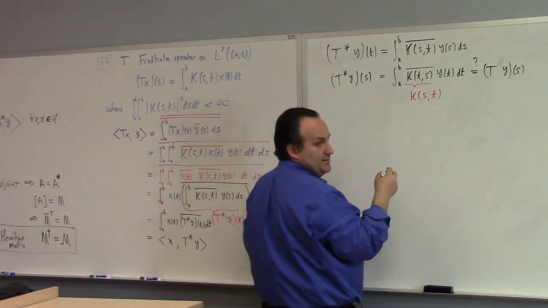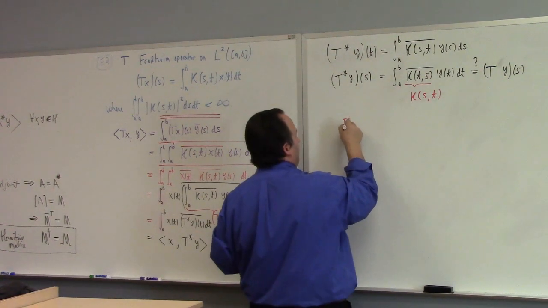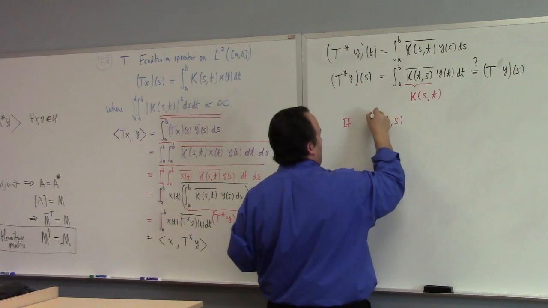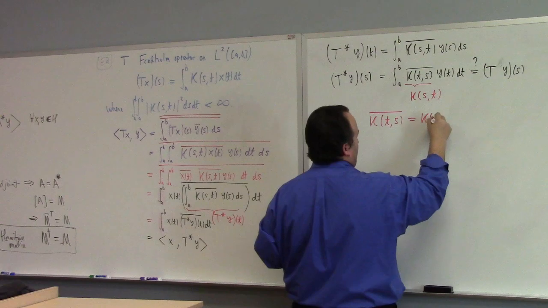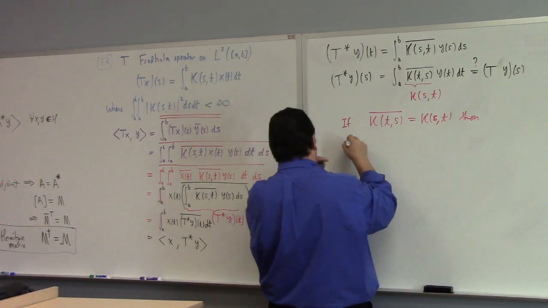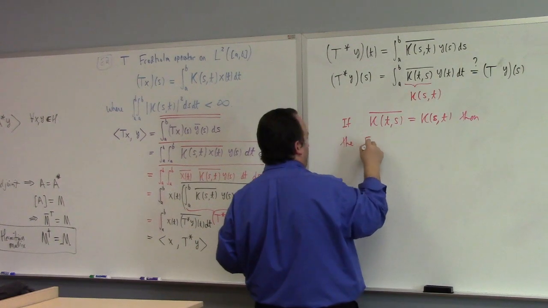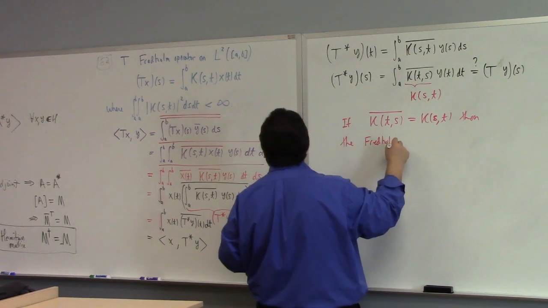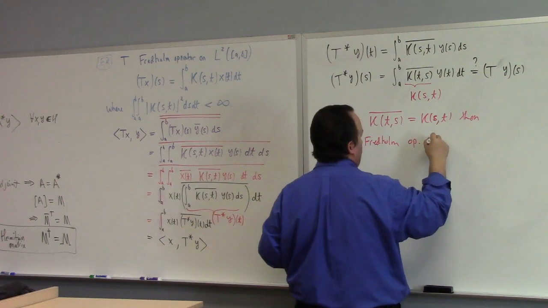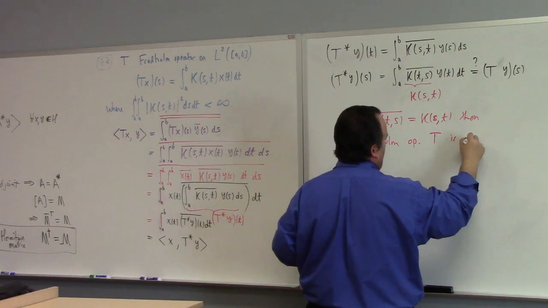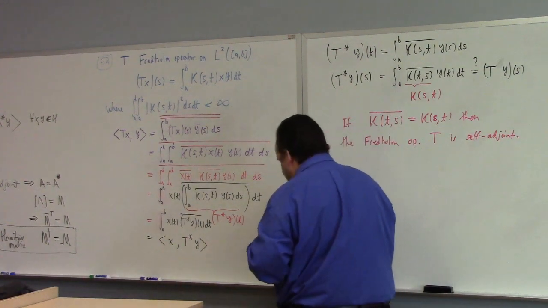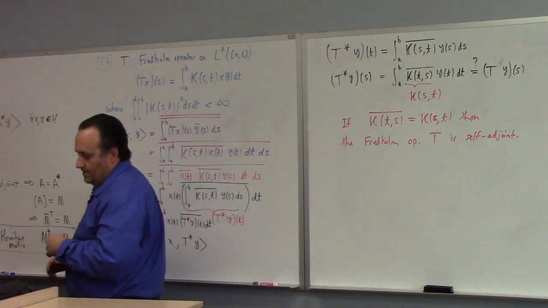Right, so if k of t s conjugate is equal to k of s t, then the Fredholm operator T is self-adjoint. Which is what he says.